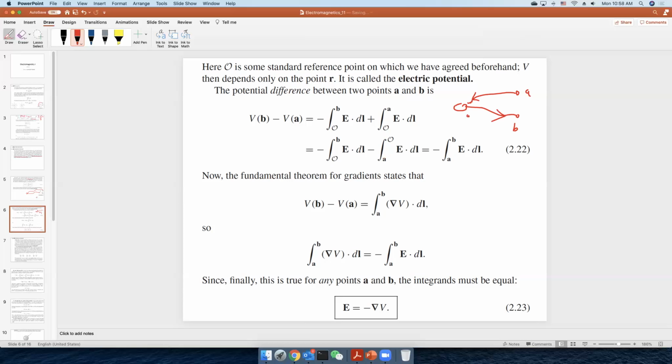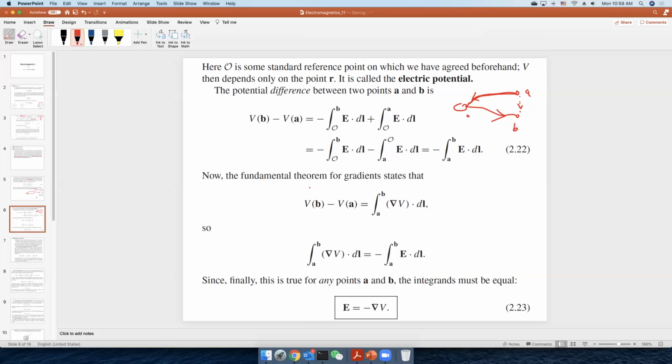If you sum them up, it becomes from A to B, because we know it's path independent. So if you do an integral from A to the reference point and then from the reference point to B, it equals an integral from A to B.